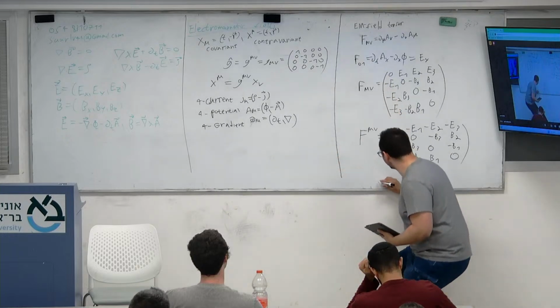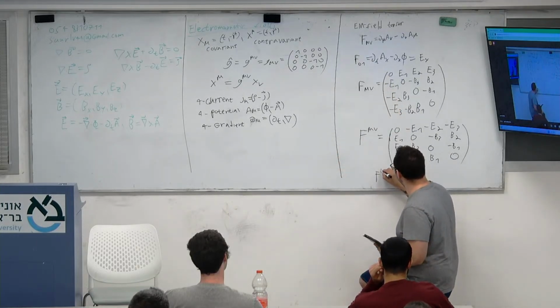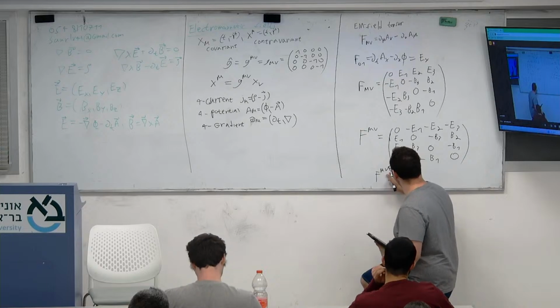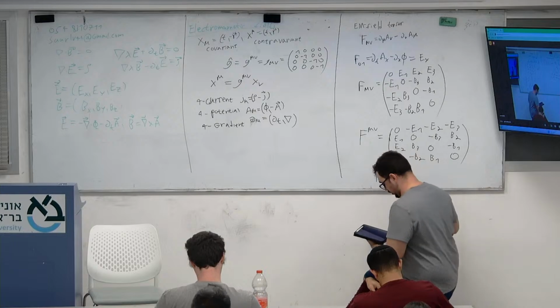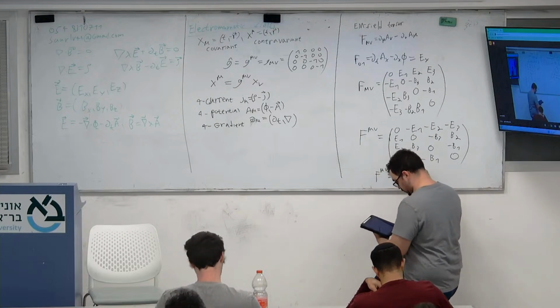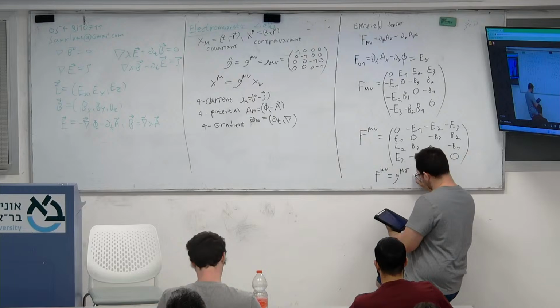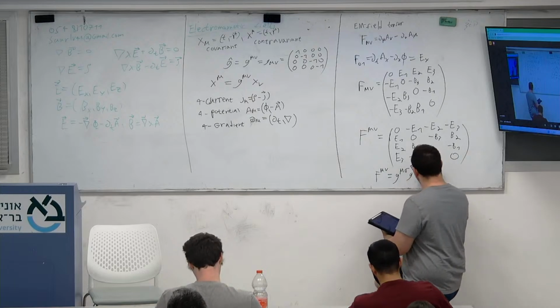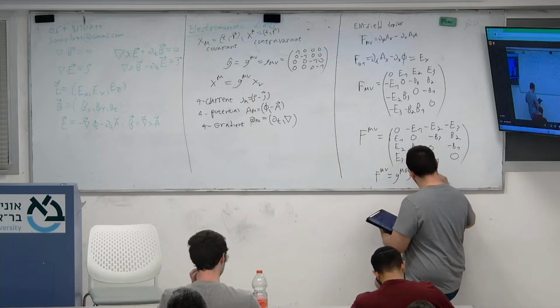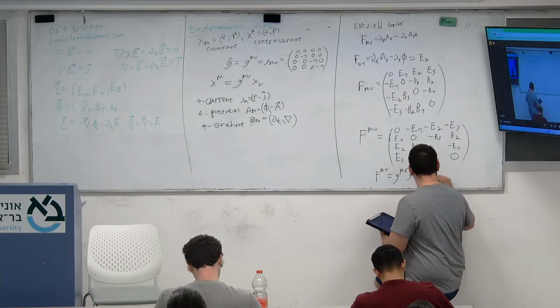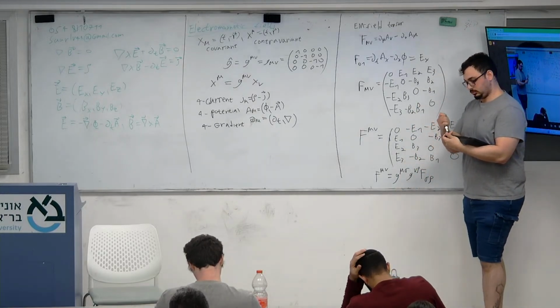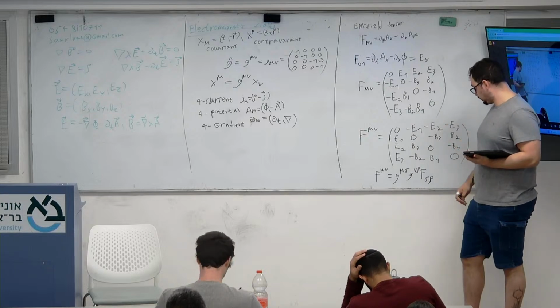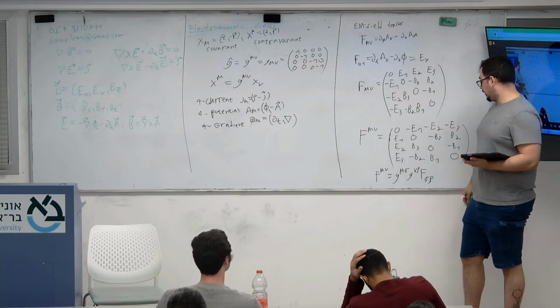So F upper mu nu equals g mu sigma g nu rho F sigma rho. Yeah, we can.